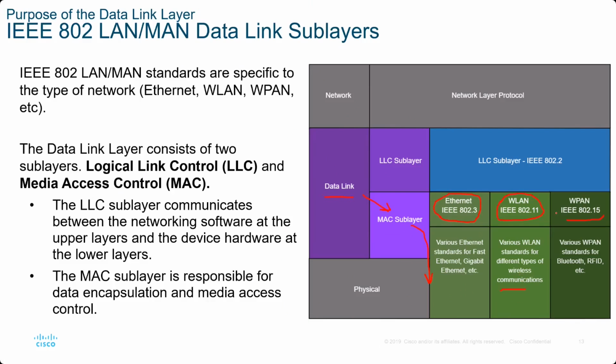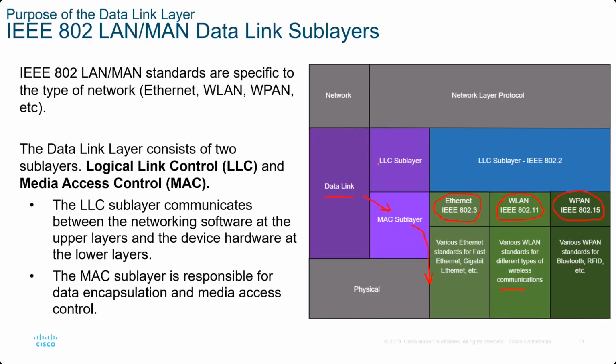Similarly, if you're using Bluetooth, RFID, or any other physical standard, you need a different protocol standard at the MAC sublayer to create that kind of frame. So this is what you need to take away from this slide.